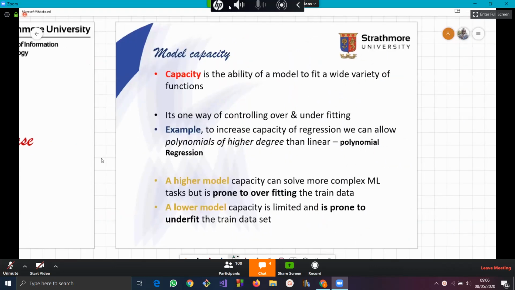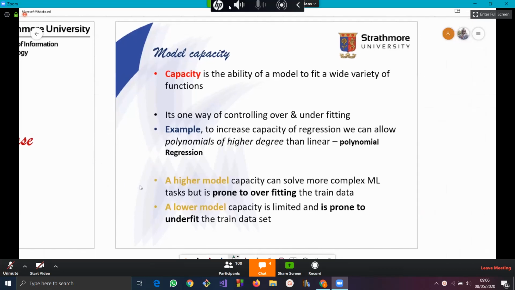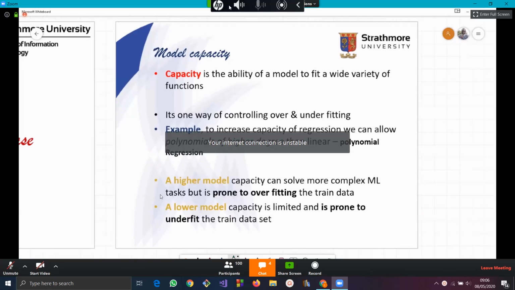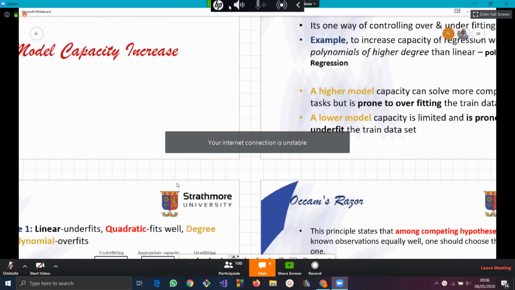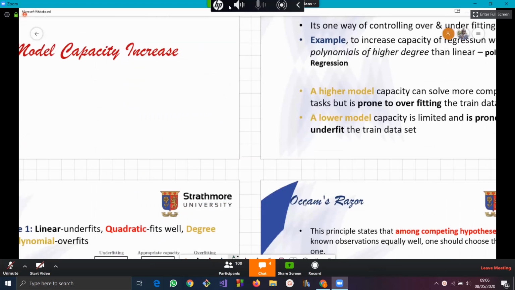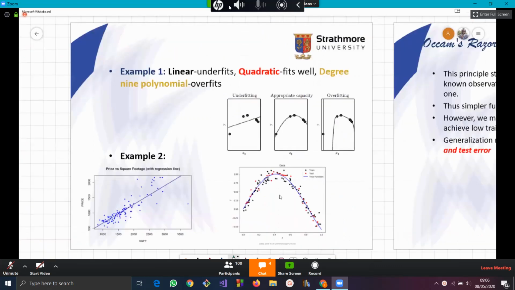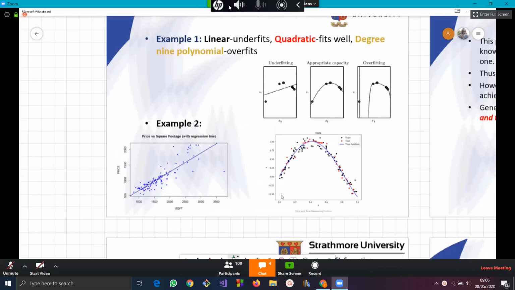Let's assume our data looks something like this without the line. Just imagine the line was not there and we have points going like this. So the question is, can I draw a line of best fit? Which line best fits this data set?